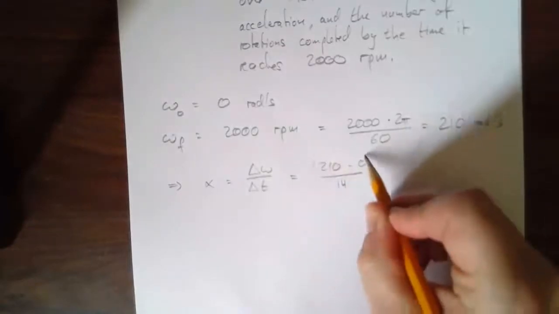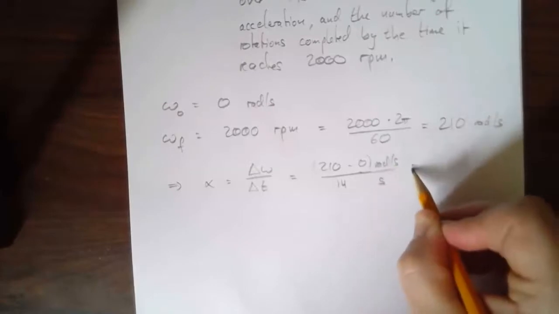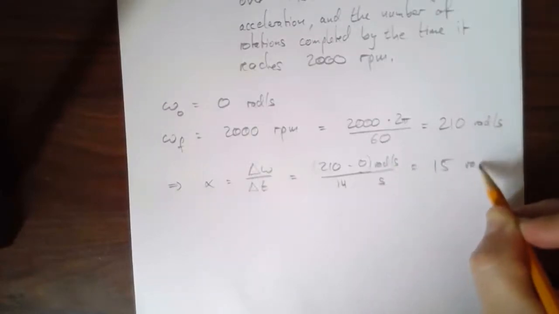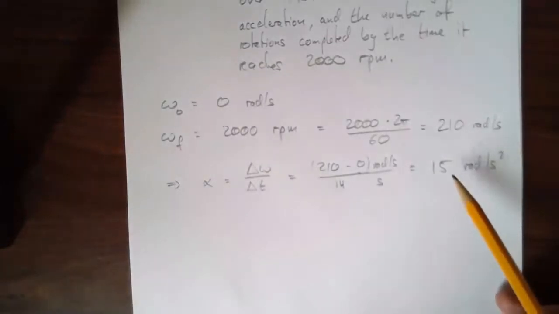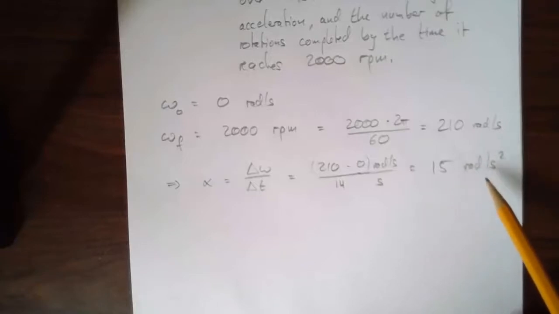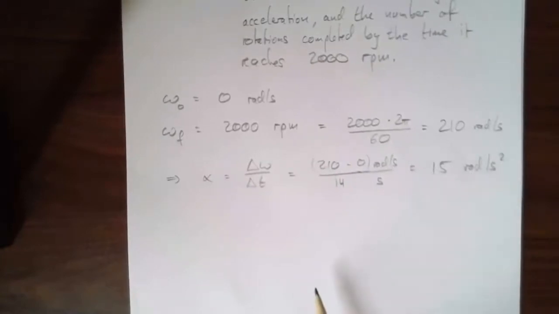So that many radians per second divided by 14 seconds makes 15 radians per second squared. So you can tell the units are like acceleration the way you know it in meters per second squared, except it's now in radians per second squared. That's the first part of our answer.